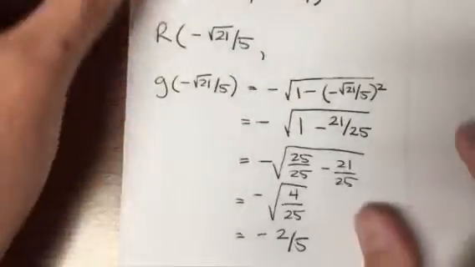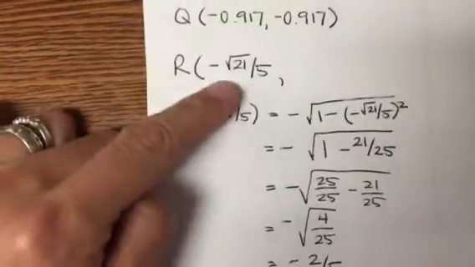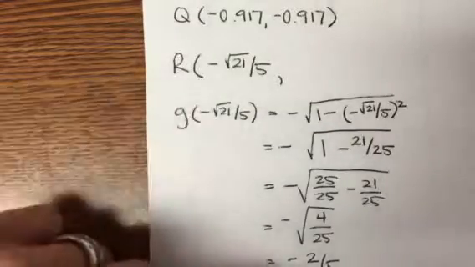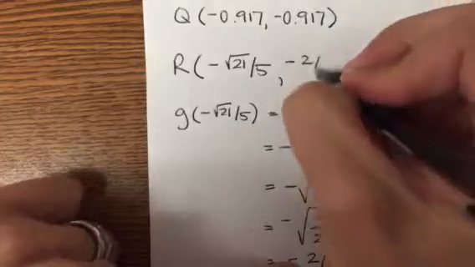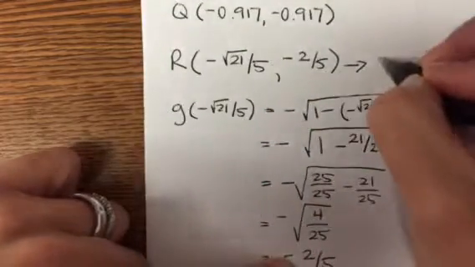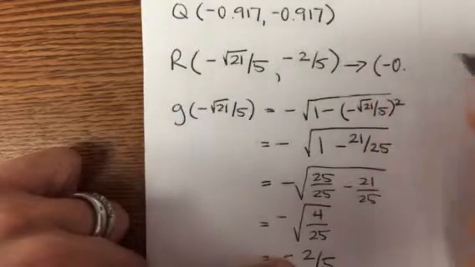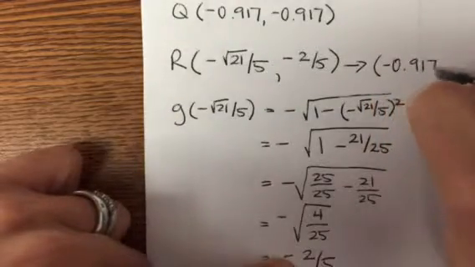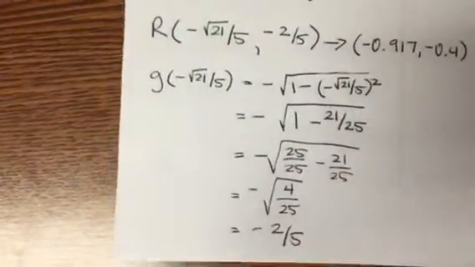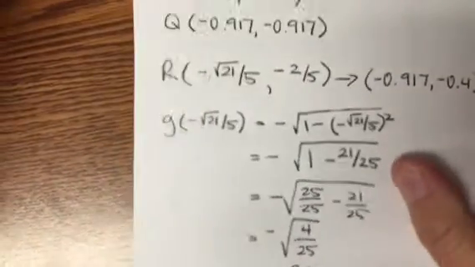Okay, so going back up here for my R, I plugged it into the g function, and this is negative 2/5 here. And then I need to write that as a decimal so that it's going to be negative 0.917 comma negative 0.4. And those are my two answers I'm looking for.